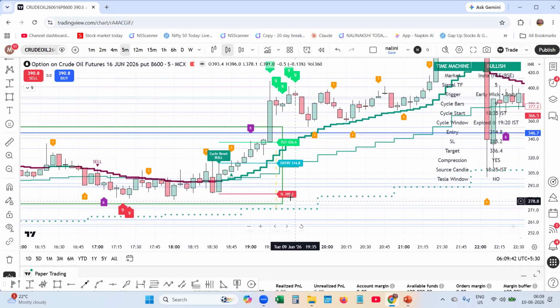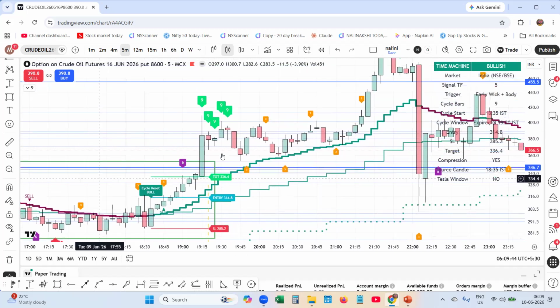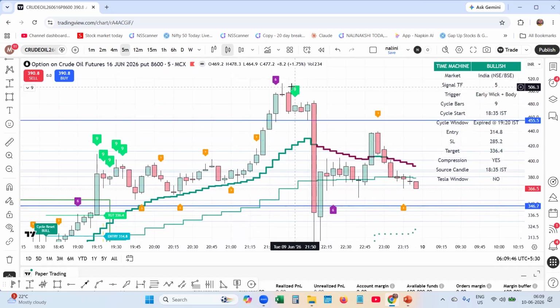Imagine if you would have entered at 305, it rallied up to 506. Yes, friends, 506. How much money would you have made? 200 points. Or say, for example, you captured only 150 points, 170 points, you would have made 17,000.